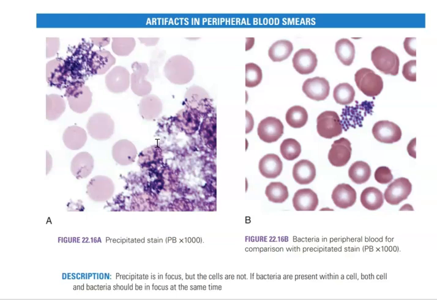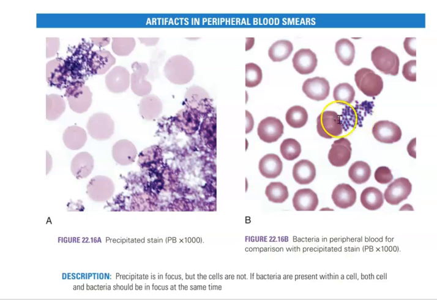And this could be a result of the stain getting too old or close to the expiration date, or just the stain being dirty and needing to be changed out. Next up is figure B. This would be bacteria on your blood smear slide. Of course, if a patient has bacteria in their blood, that's clinically significant, because bacteria should not be in a patient's blood.